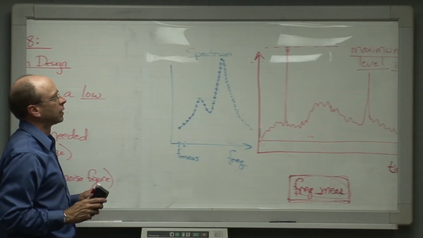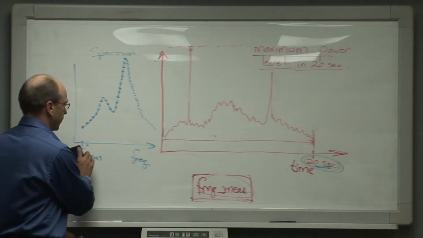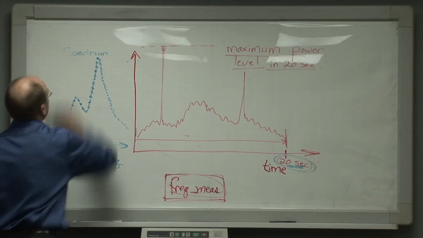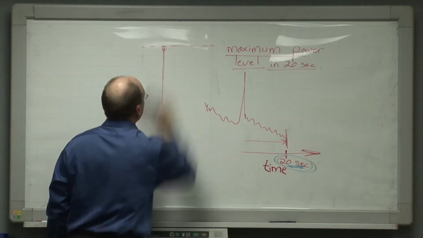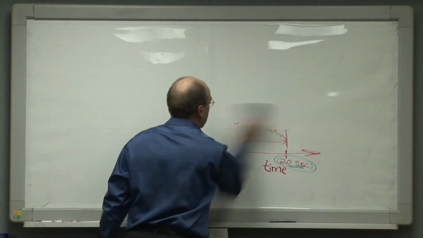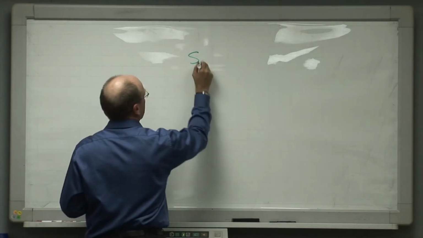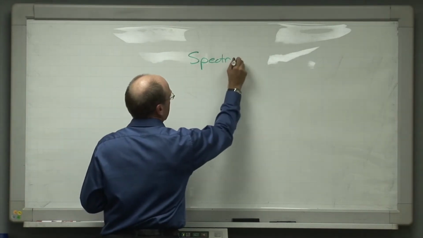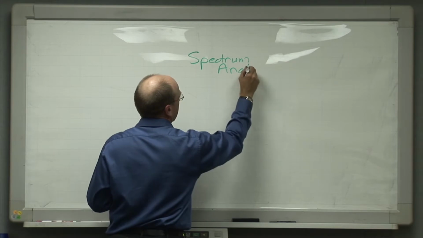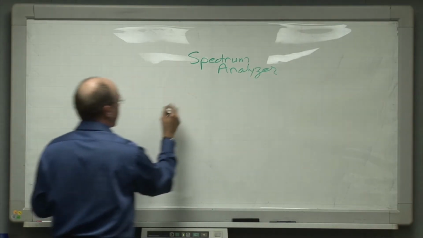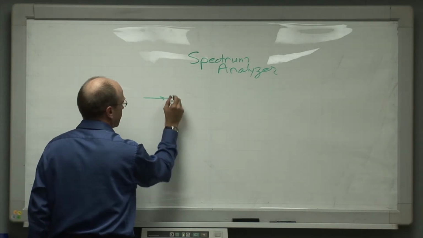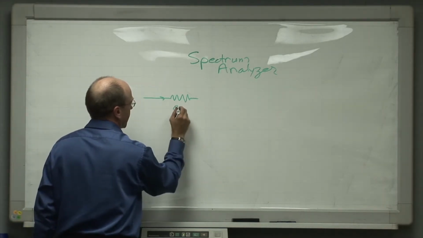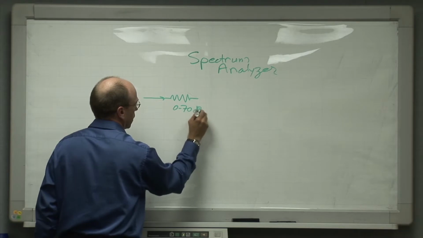let's build the measurement system on the board then. Here's how we're going to do it. First of all, we'll draw out a spectrum analyzer. And now, the spectrum analyzer at the front end has a variable RF attenuator. We'll say it's 0 to 70 dB.